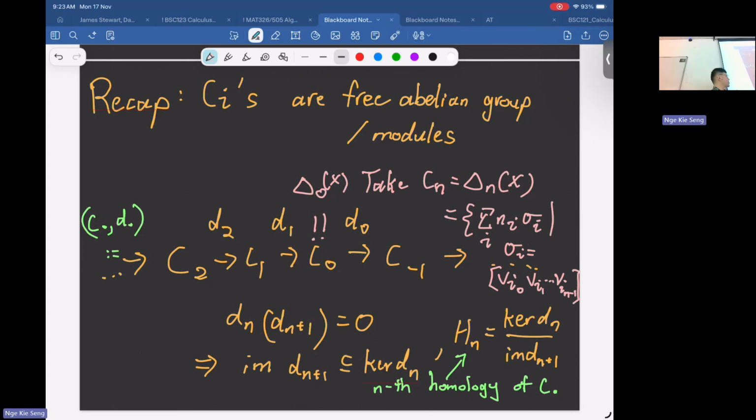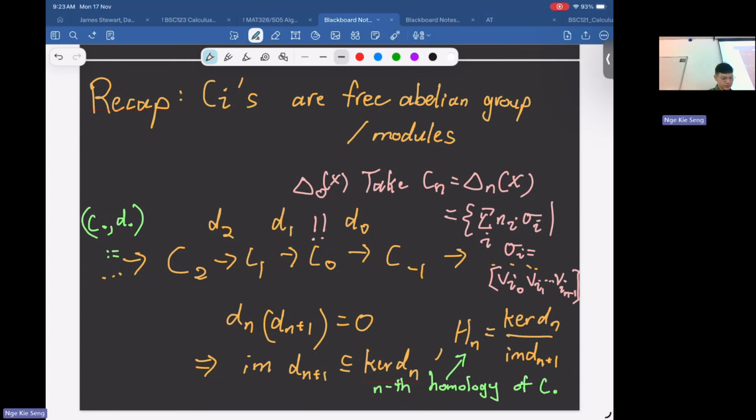Later we'll see some example of what kind of d we can put on this chain complex. But this is not too far from our motivation last time, where for one simplex, we just look at the orientation, right? So when it goes up or goes into a vertex.